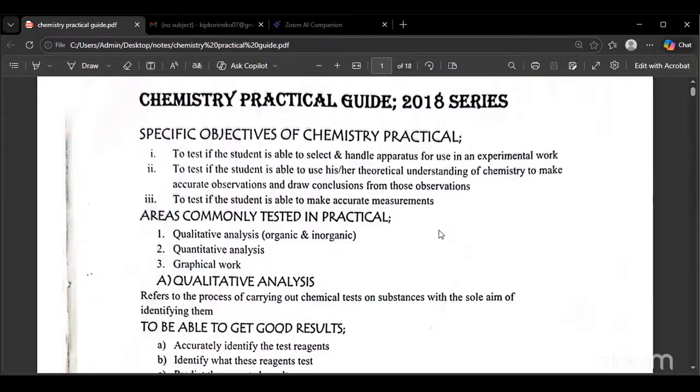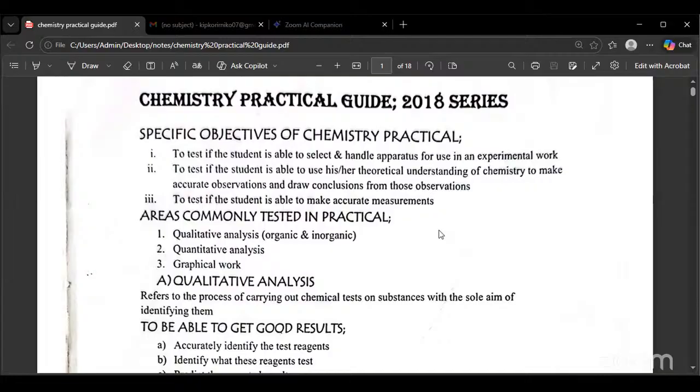So, specific objectives of chemistry practical. Number one is to test if the student is able to select and handle apparatus for use in experimental work. So you are supposed to know how to handle the apparatus, especially when you're talking about the titration, how you can connect the bosse and the clamp with the burette. That is number one.